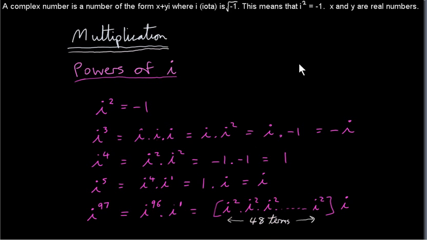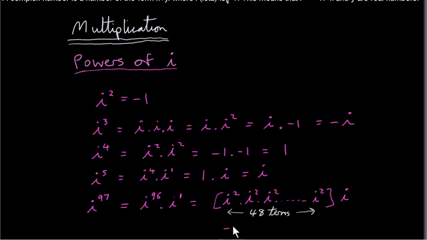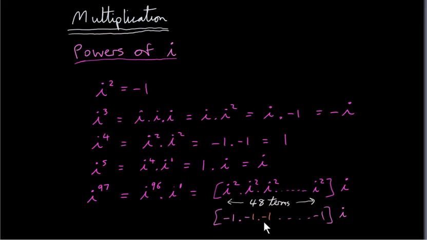But each of these i squareds is minus 1. So what we actually have is 48 minus 1's multiplied together. The whole lot of this is times i to the power of 1, or just i. Now, what's 48 minus 1's? Well, we could also write this as minus 1 to the power of 48. Since this number is an even number, we get plus 1.